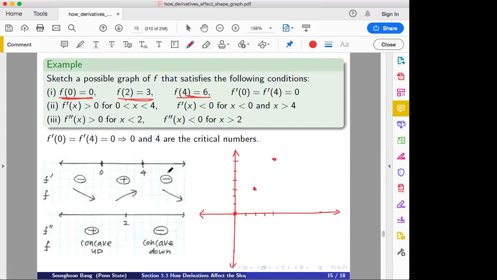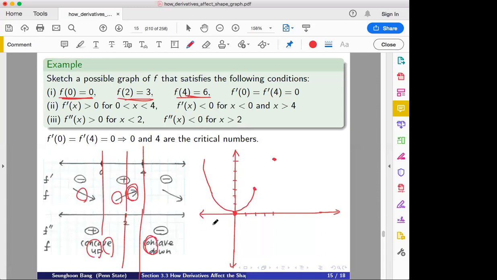So next, what's the graph? For x less than 0, the graph is decreasing, concave up. So like this. From 0 to 2, increasing, concave up. From 2 to 4, increasing, concave down.